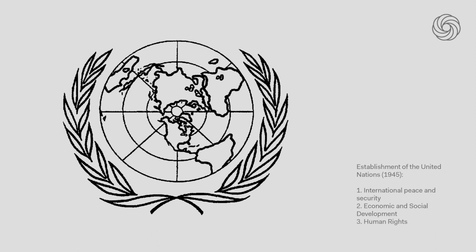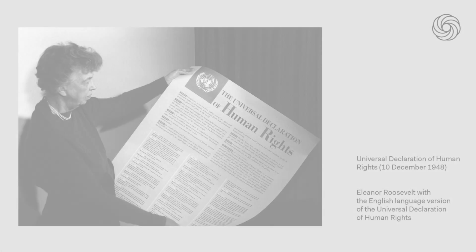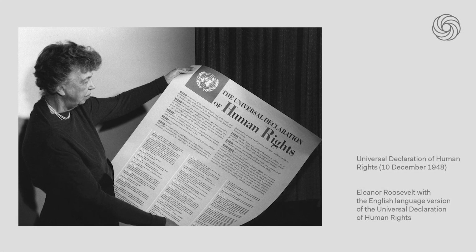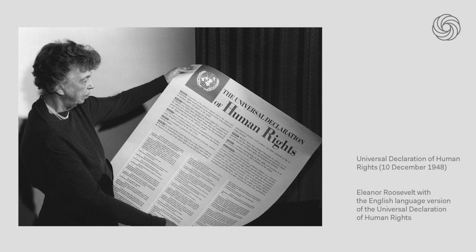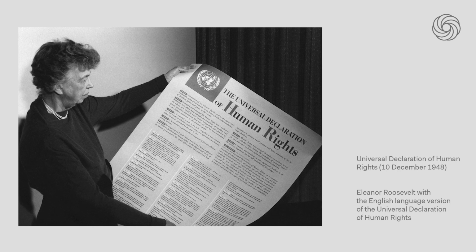Already in 2 or 3 years, the Commission on Human Rights, chaired by Eleanor Roosevelt, the widow of Franklin Roosevelt, which was composed of states, not only the United States and other Western states, also China, the Soviet Union, Saudi Arabia or South Africa, agreed on the Universal Declaration of Human Rights, which was solemnly adopted by the General Assembly on 10 December 1948 in Paris.